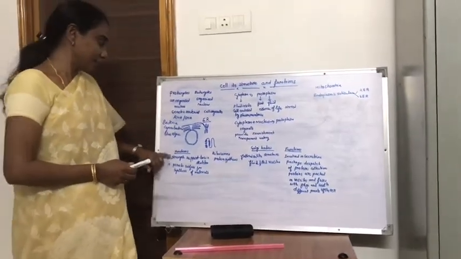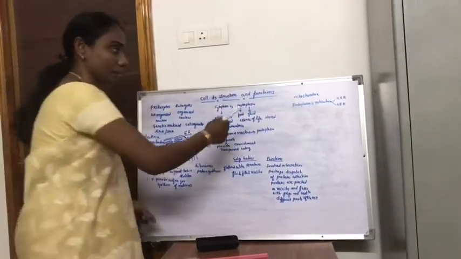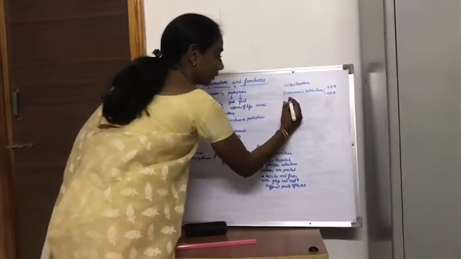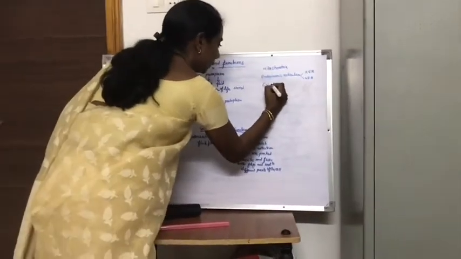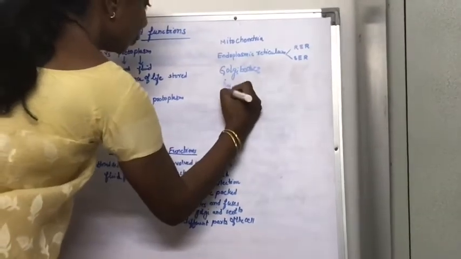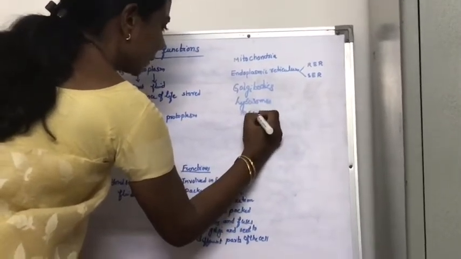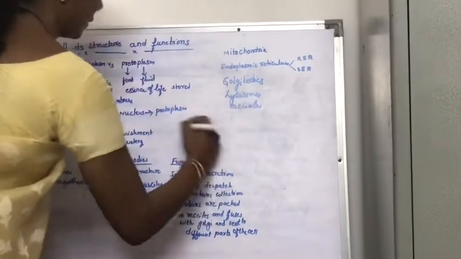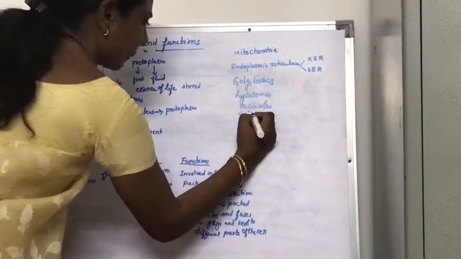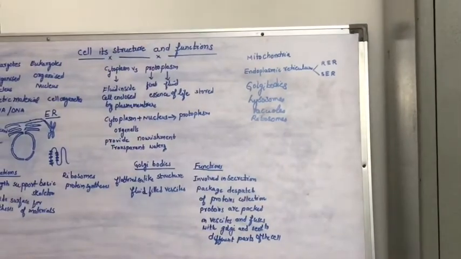Next we discuss various other cell organelles like mitochondria, endoplasmic reticulum, Golgi bodies, lysosomes, vacuoles, ribosomes, etc. These are the different cell organelles.